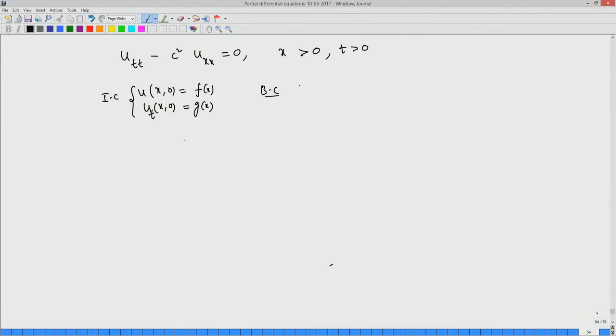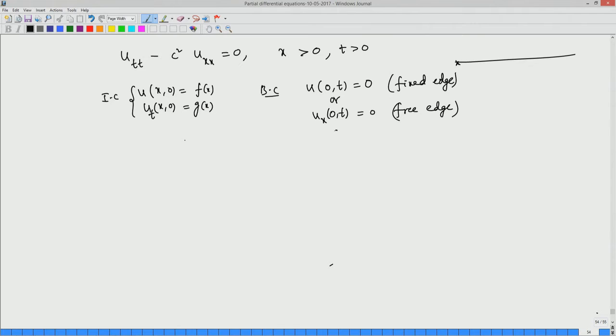For boundary data, earlier we had either a fixed edge of the string, that is u at x equal to 0 is fixed as 0 for all times, or u_x at (0,t) equal to 0, which is a free edge of the string.